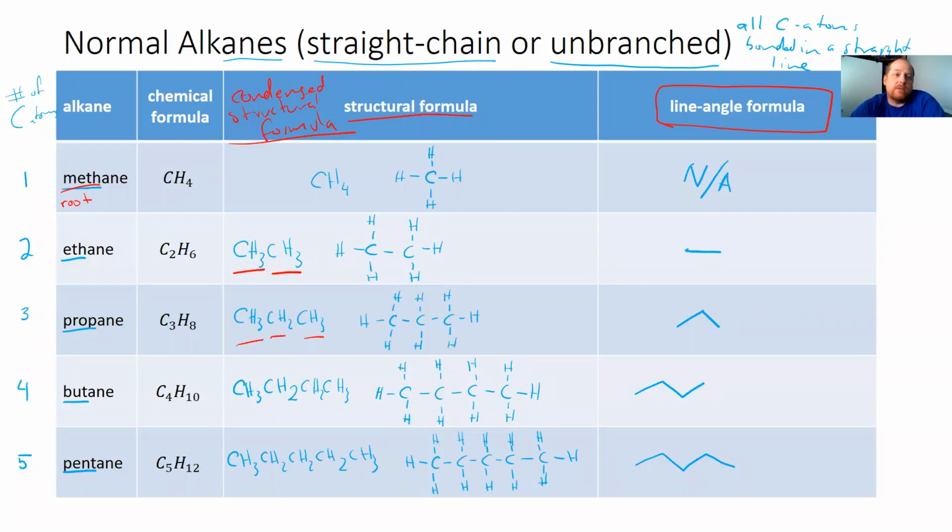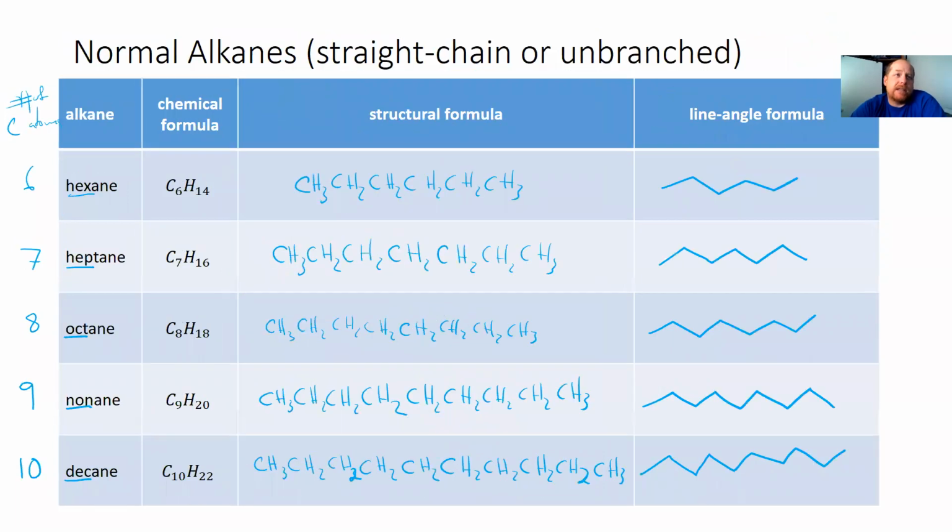And so those are going to be things that we come back to. As we get to 6 through 10, hex, hept, oct, non, and dec, for hexane, heptane, octane, nonane, and decane. Those are things that we need to know. Those roots are going to be used to describe long chains of carbon atoms.